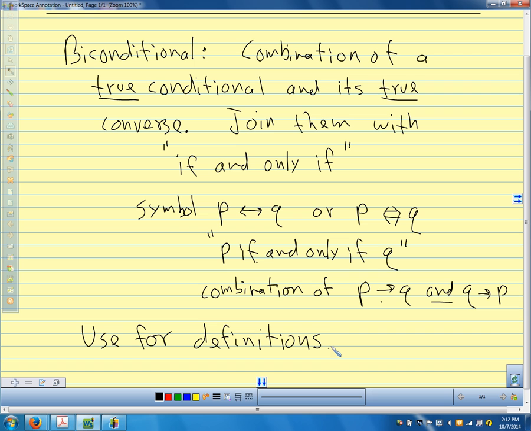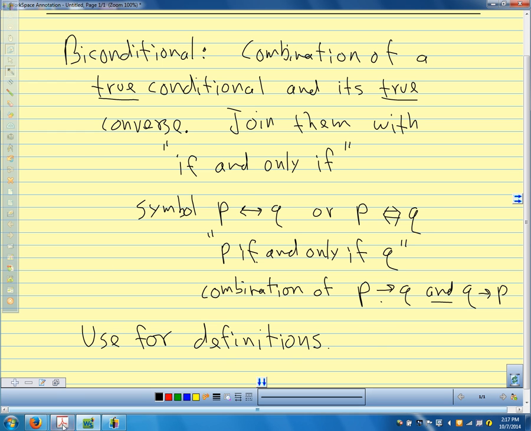We figure out something that we don't know anything about, and we come up with a definition for it by coming up with a biconditional. All right, questions about what a biconditional statement is? Remember that a biconditional statement has two conditional statements, a conditional statement and its converse. So it's two pieces. We can put the two pieces into one, and we can also take the two pieces apart into two conditional statements.